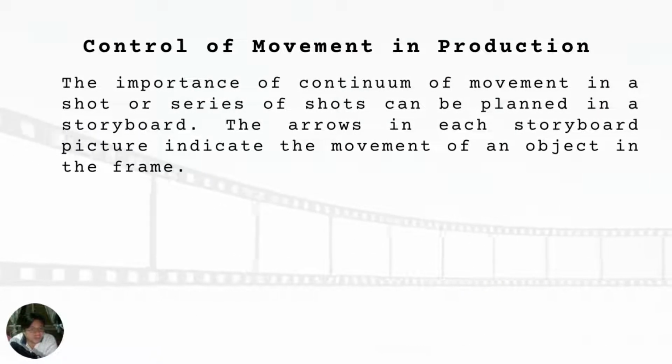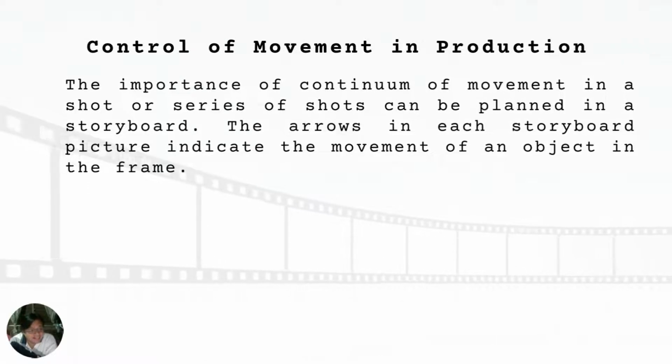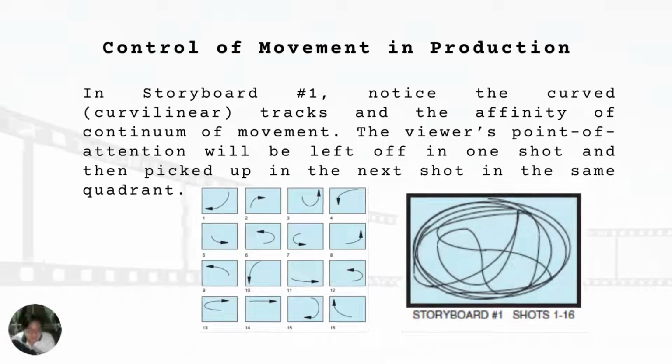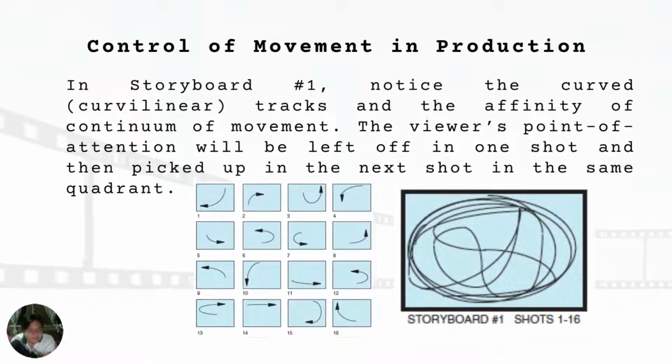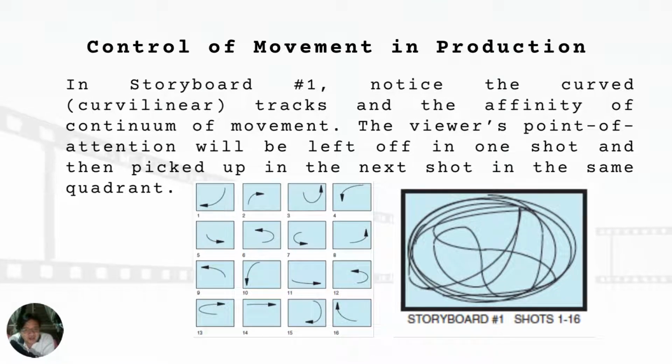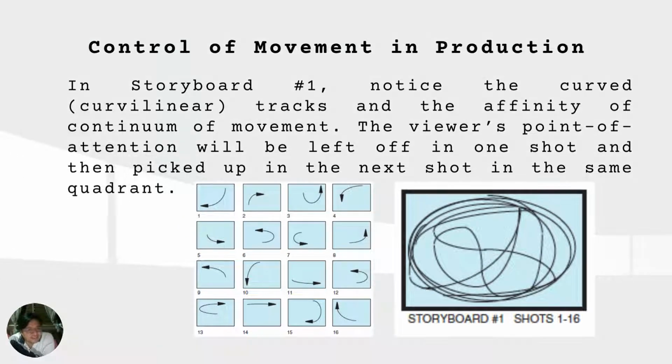The importance of continuum of movement in a shot or series of shots can be planned in a storyboard. Again, the arrows in each storyboard picture indicate the movement of an object in the frame. For example, in storyboard number 1, notice the curvilinear tracks and the affinity of the continuum of movement.